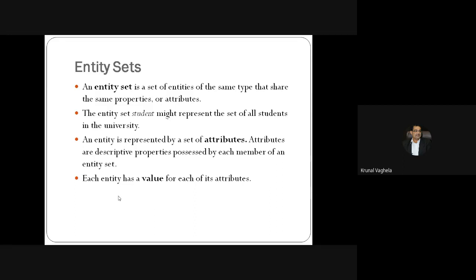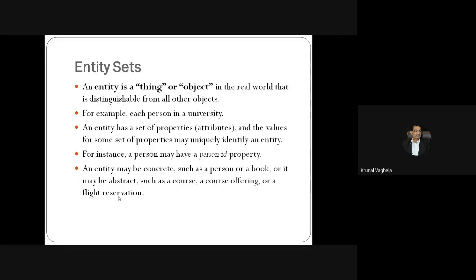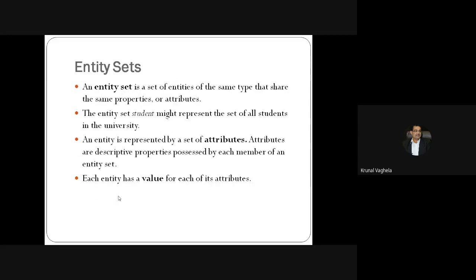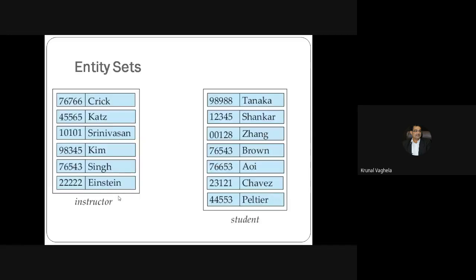For example, the book's name is database management system, number of pages is 500, something like that. So each attribute has some value. So an entity is a single thing, a single object, and a set of similar objects is called an entity set.